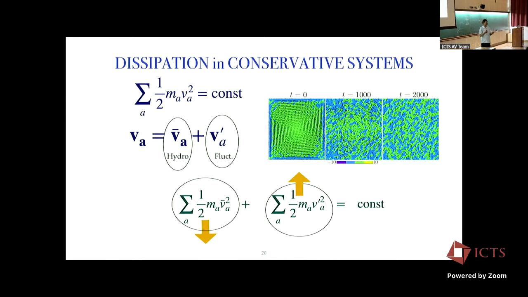The cross terms vanish because V bar is nearly constant compared to the V fluctuation. Now in this picture, this is going down. That means this is decreasing with time, but this is increasing with time. So this is the origin of dissipation. I'm getting thermalized. This is a conversion from coherent motion to incoherent motion. So even though the system is conservative, we can invoke dissipation by this mechanism.